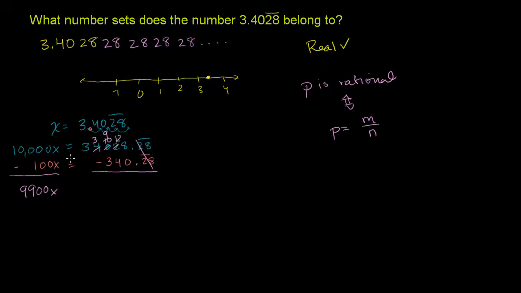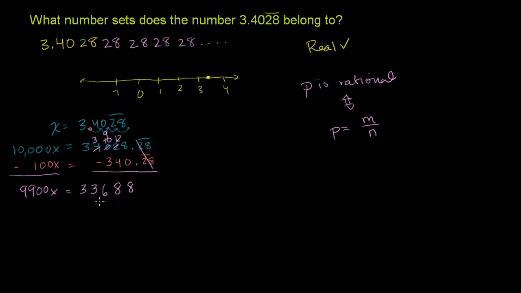Now we can do the subtraction. 8 minus 0 is 8. 12 minus 4 is 8. 9 minus 3 is 6. 3 minus nothing is 3. 3 minus nothing is 3. So 9,900x is equal to 33,688. We just subtracted 340 from the number up here.